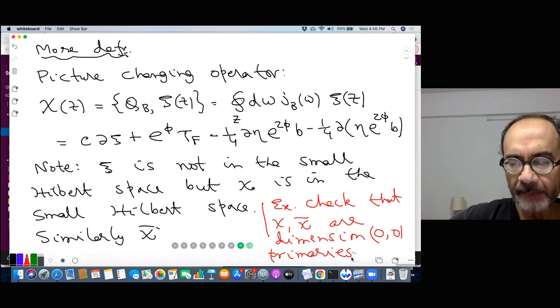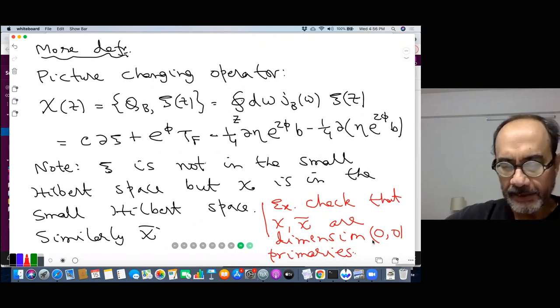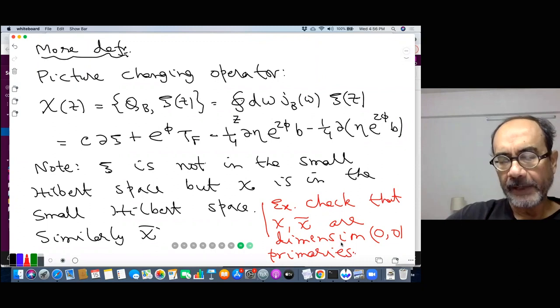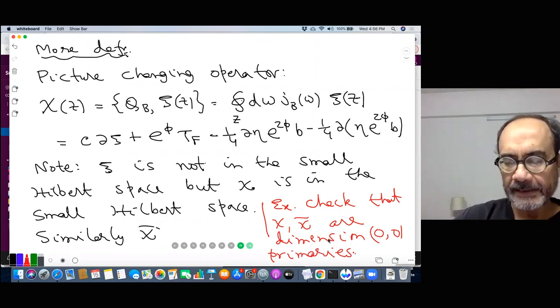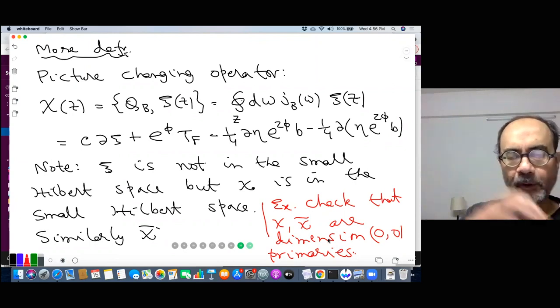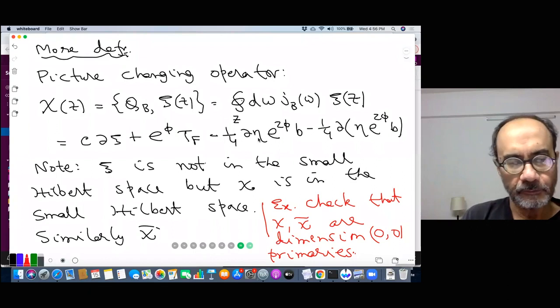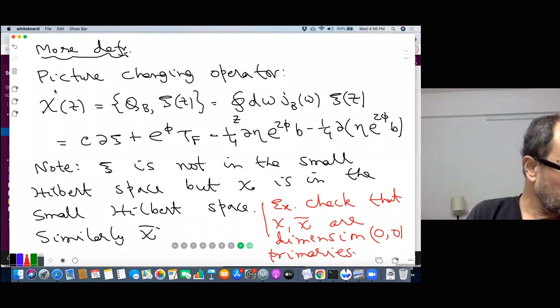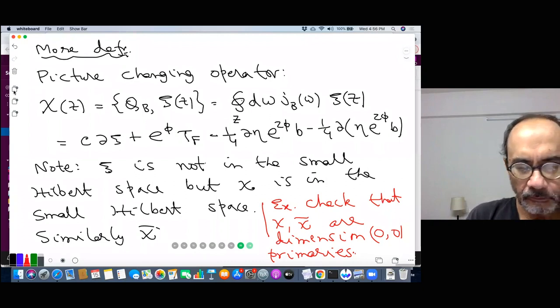When I say primary, I mean ordinary primaries, not superconformal primaries. Whenever I'm referring to superconformal primaries, I'll explicitly say so. Otherwise, primary just means you take the OPE with the energy momentum tensor and check that it has the correct form.